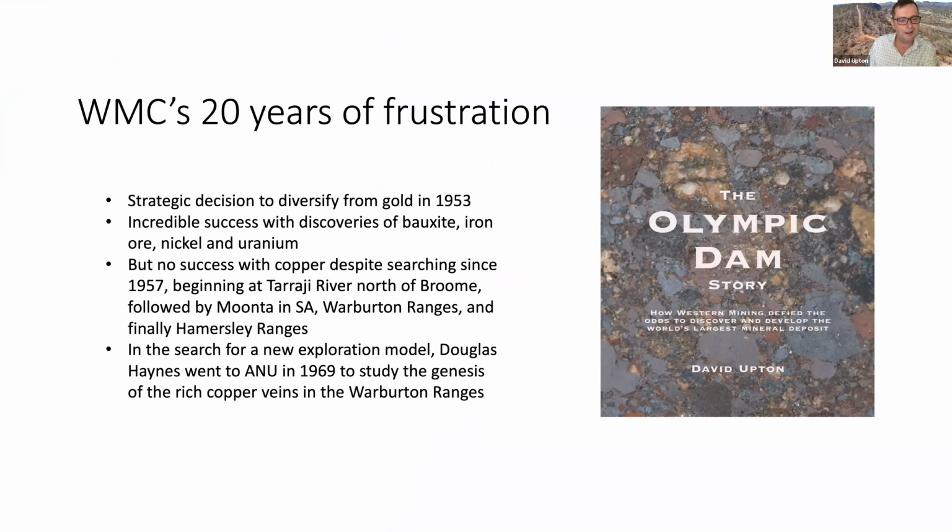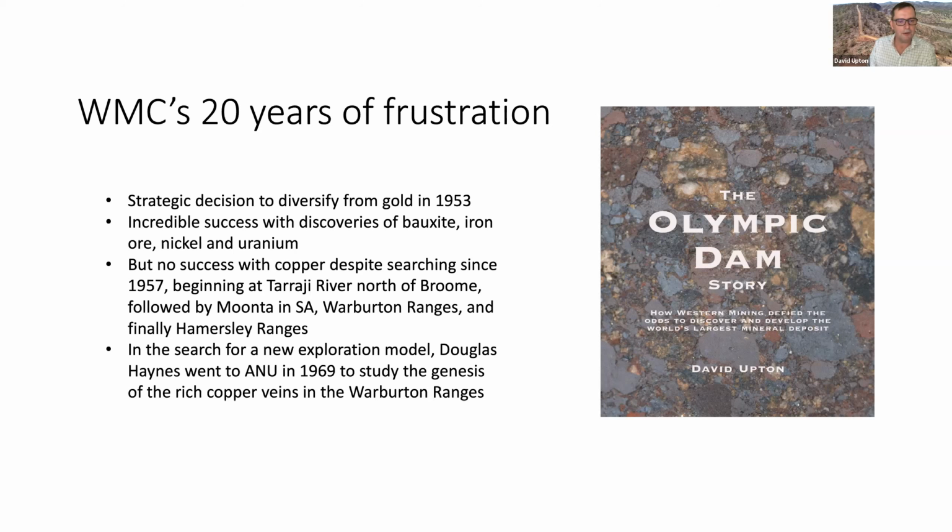This looks like a plug for my book, so maybe it is, but this book really started my fascination with pre-competitive, and I think most people don't appreciate that Western Mining had 20 years of frustration looking for copper. From '53, they said, we're not going to hang all our fortunes on gold.